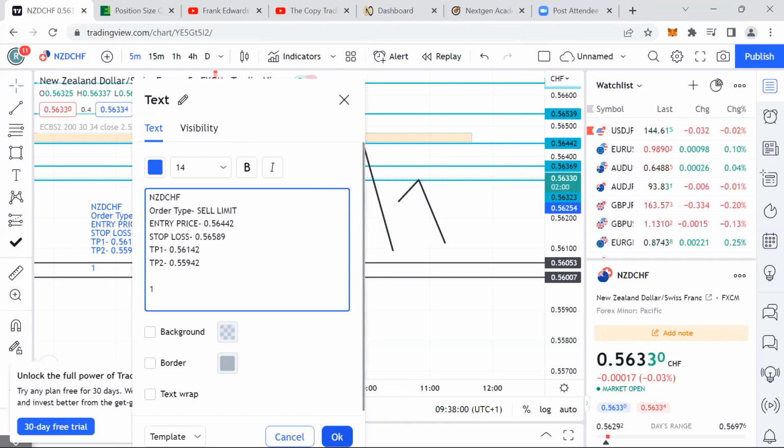1% risk. So if you are taking TP1 and 2, that means you split that 0.04. So you'd use 0.02 for one and 0.02 for another. That is the money management.